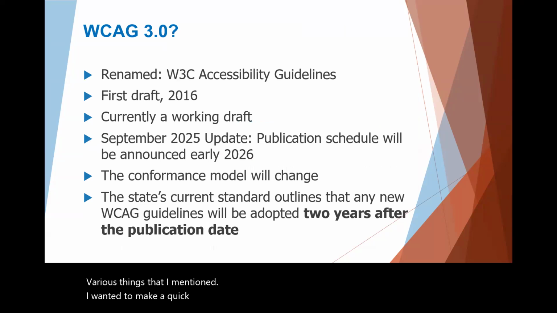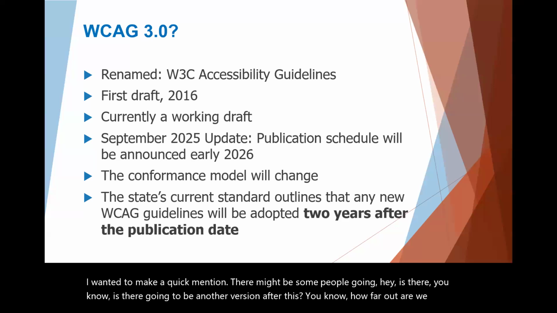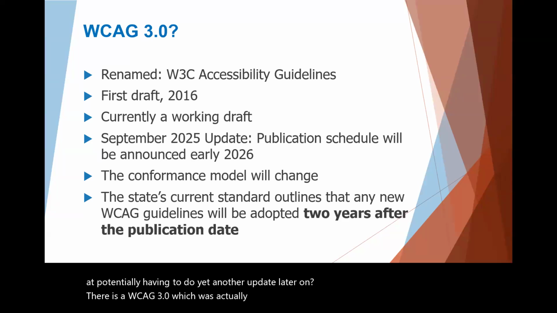I wanted to make a quick mention. There might be some people asking, is there going to be another version after this? How far out are we looking at potentially having to do yet another update later on? There is a WCAG 3.0, which was actually rebranded and renamed the W3C Accessibility Guidelines.